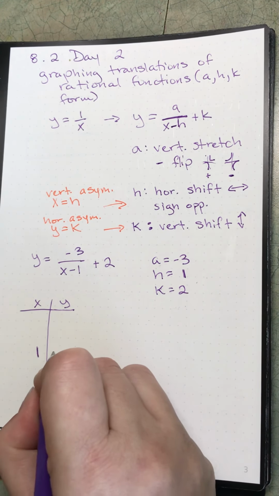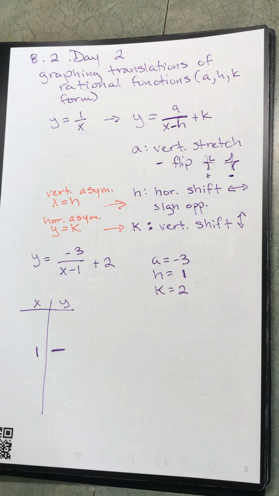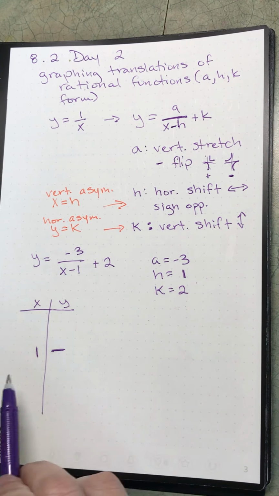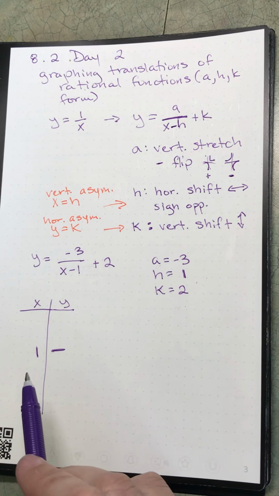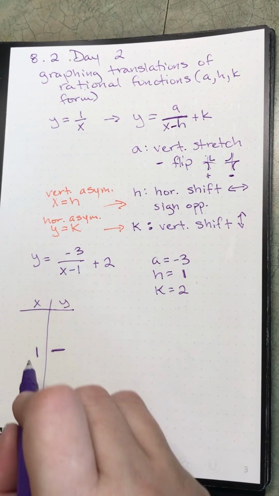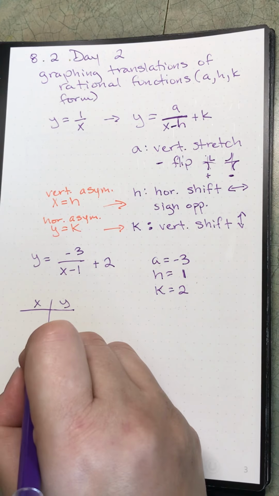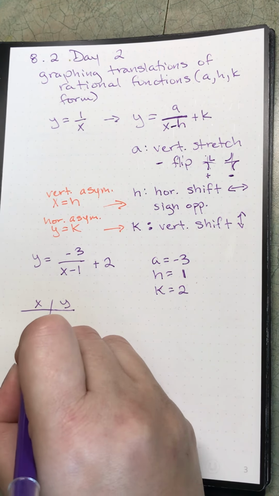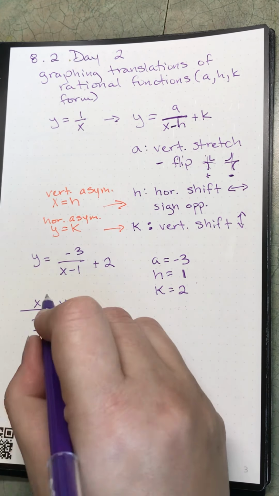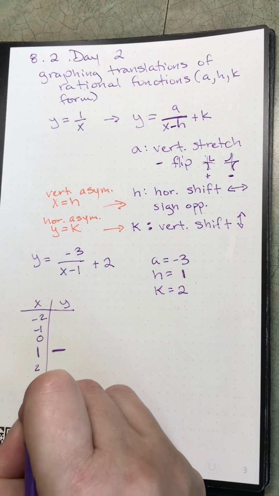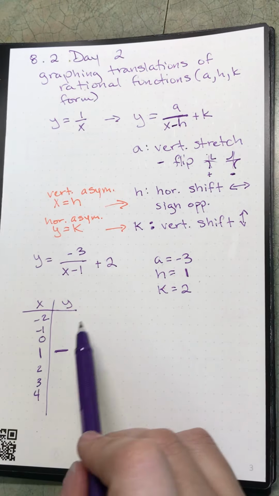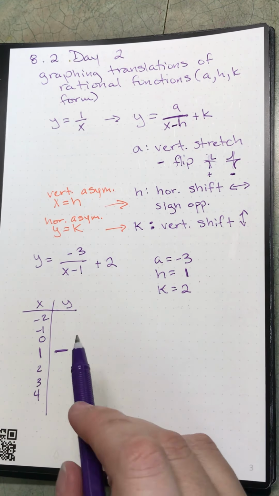So I know that at 1 I'm not going to have any points, and so I'm going to use that as the center of my table, and then I'm just going to find some points on either side. So going this way, I have 0, negative 1, negative 2. Going this way, I have 2, 3, and 4. And then I'm going to substitute those numbers in to find my points.